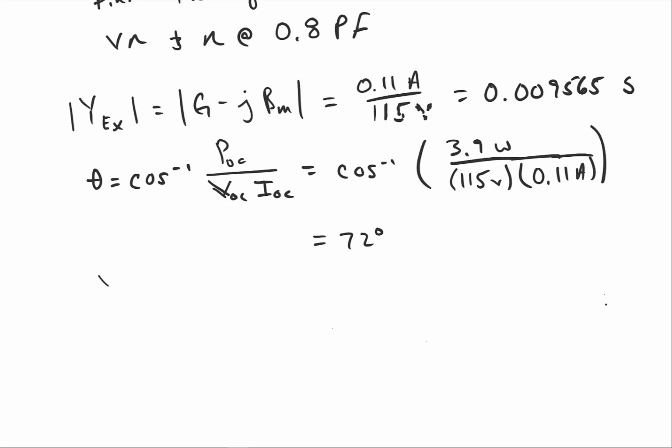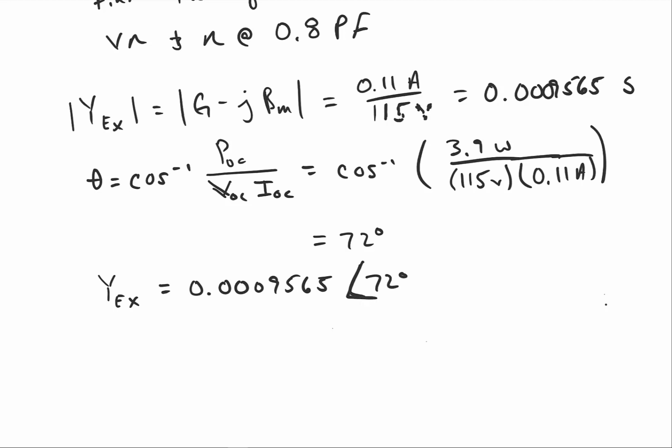So the excitation branch admittance is equal to 0.00, I think I missed a 0 up here, 0.0009565 at an angle of 72 degrees.